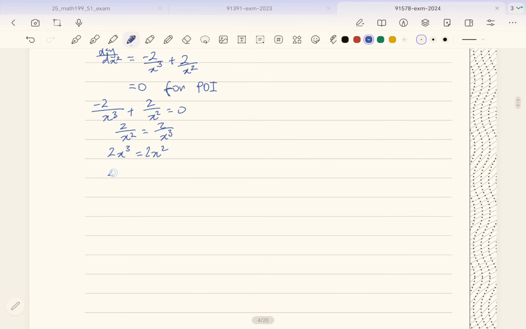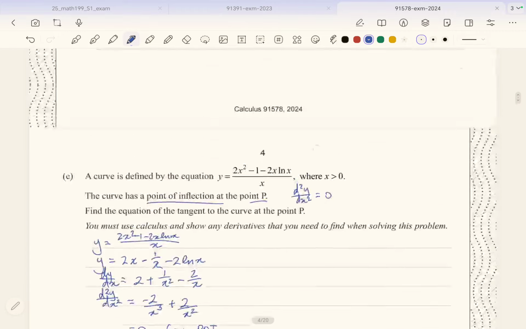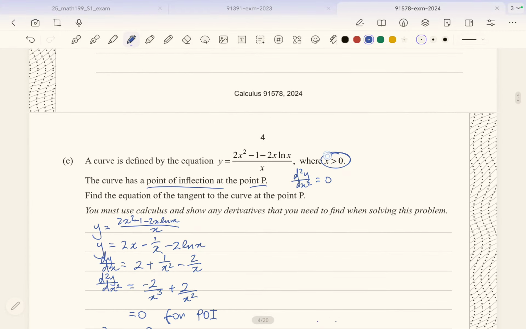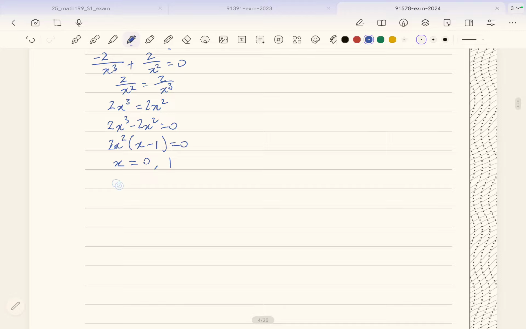Bringing all the x terms onto one side, 2x cubed minus 2x squared equals 0. Have a common factor of x squared, 2x squared actually. That becomes x minus 1 equals 0. So x equals 0 or 1. But if we look at the top, x is greater than 0. So x doesn't equal 0, x equals 1.